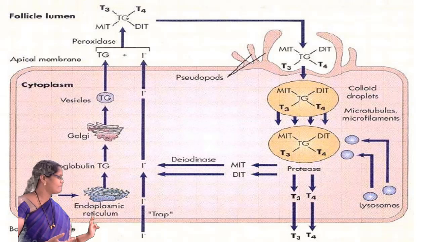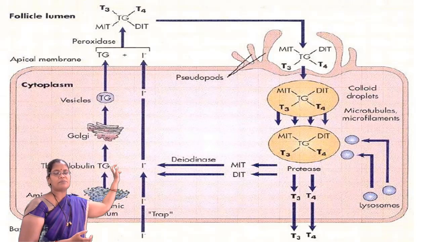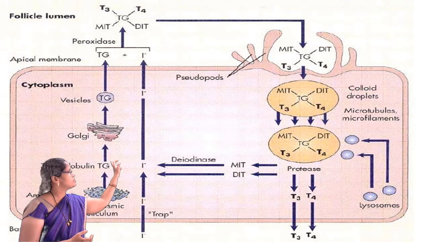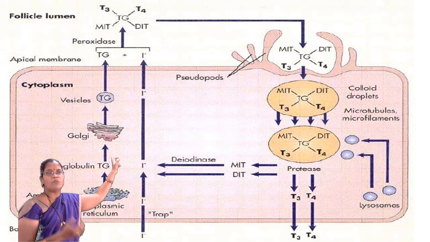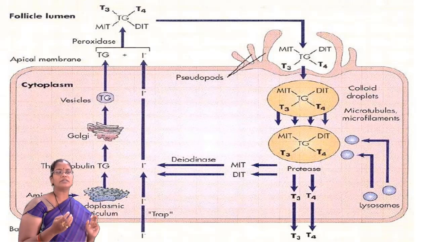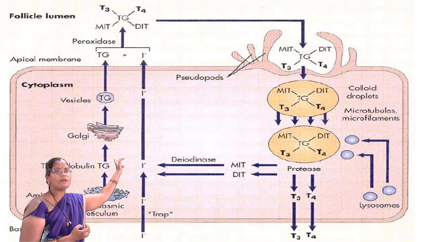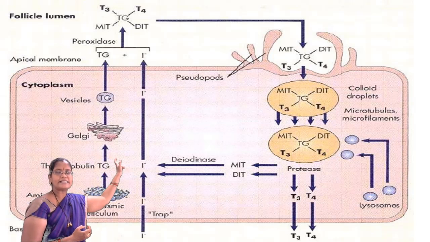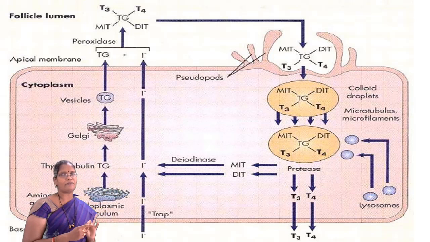In the same way, the tyrosine residues on the thyroglobulin protein and iodine will couple together and form monoiodotyrosine, diiodotyrosine, T3 and T4. Thus, the thyroglobulin protein carries monoiodotyrosine, DIT, T3 and T4.